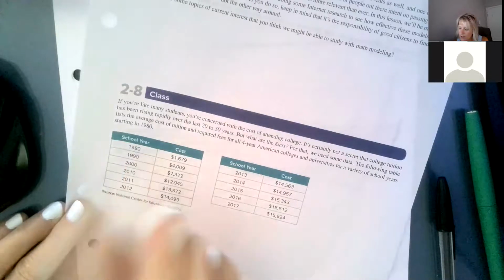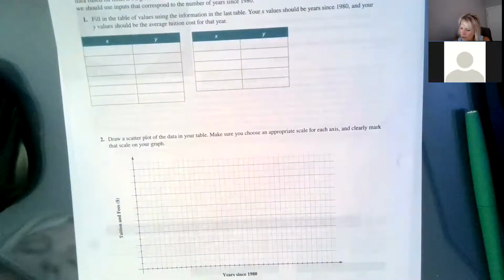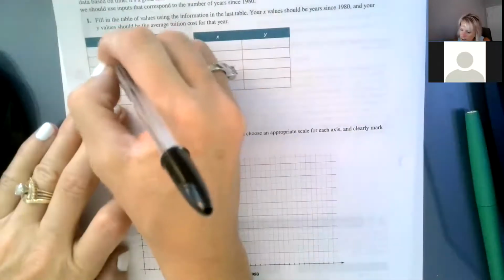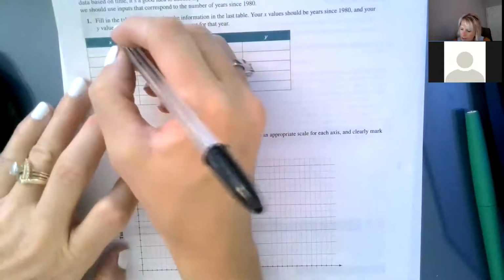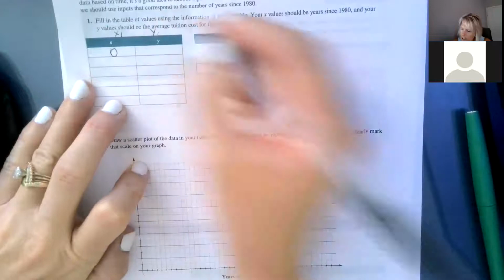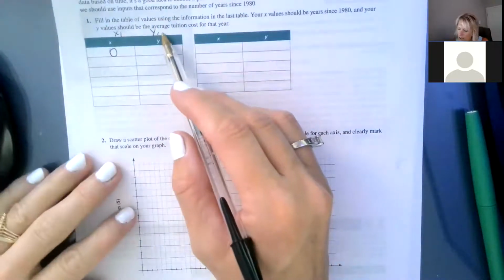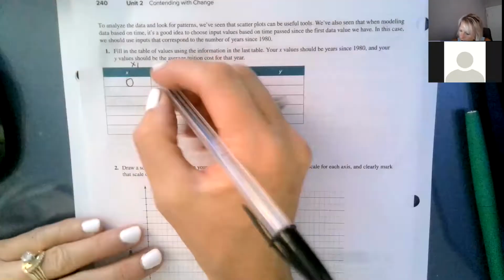So we usually have a base year. And so it says 1980 is going to be our base year. So the first value here in X is going to be years since 1980. And then we're going to call that X1 in Desmos. And the average cost of tuition for that year is going to be Y1. So the first one is going to be 1679.